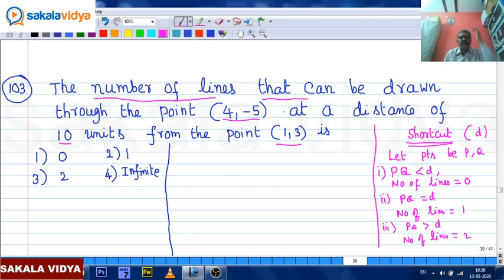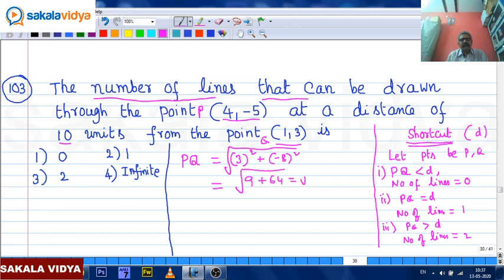So first actually say this is P point and Q point. Find PQ distance: 4 minus 1, 3 square, minus 5 minus 3, minus 8 square, under root. This will be 9 plus 64, root 73.